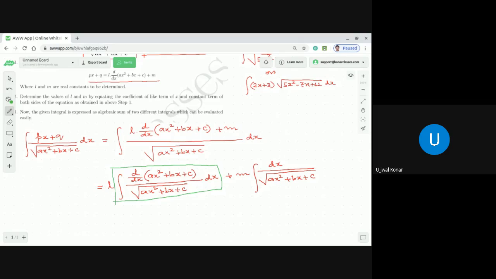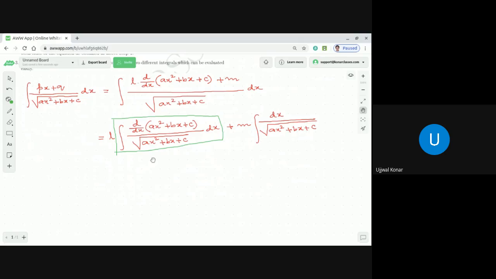Actually, if you see, this particular integration will be the integration of (2ax plus b) divided by square root of ax square plus bx plus c dx.